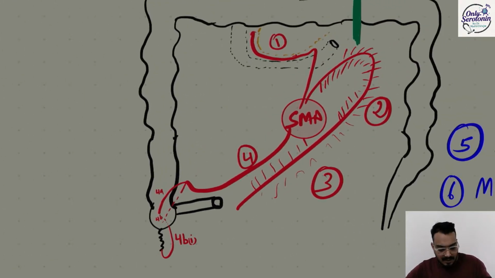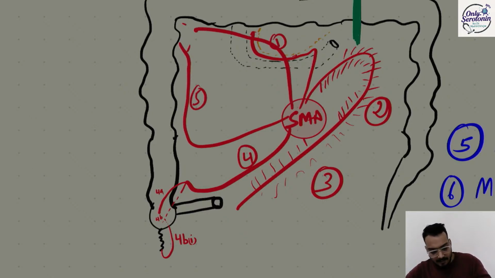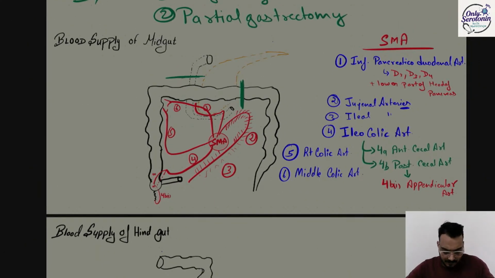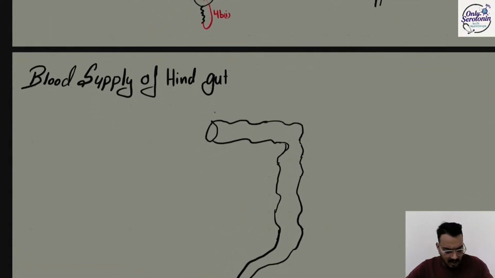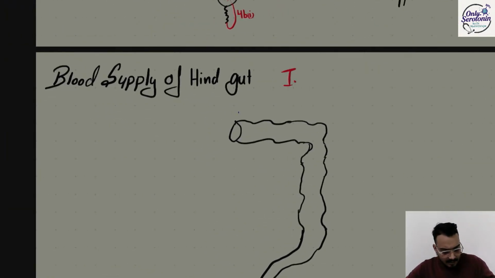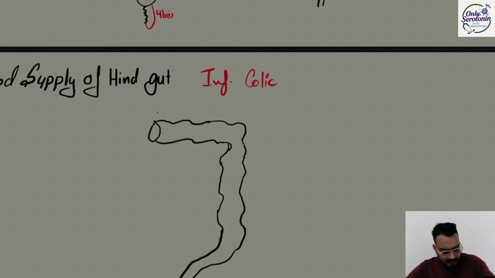What about the fifth and sixth arteries, guys? Fifth artery is my right colic artery, and sixth artery is my middle colic artery. All these are the blood supply of the midgut. What about the hindgut, guys? The hindgut is supplied by the inferior mesenteric artery.